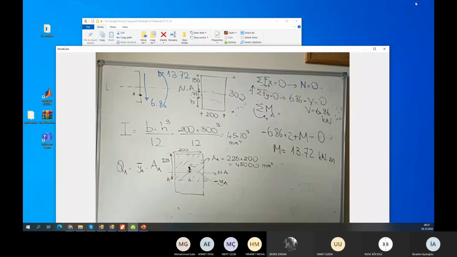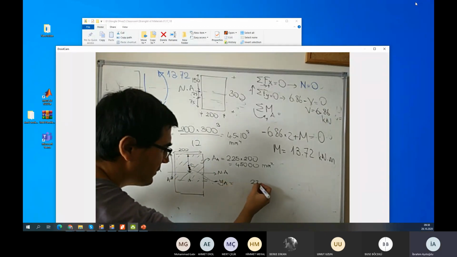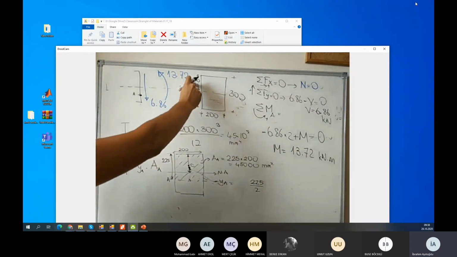Is it hard or not? I think I can compute this length. This is 225 divided by 2. The total length available here is 150.